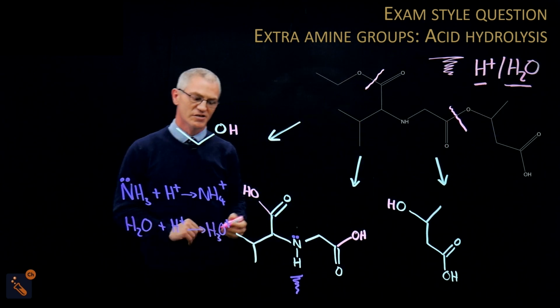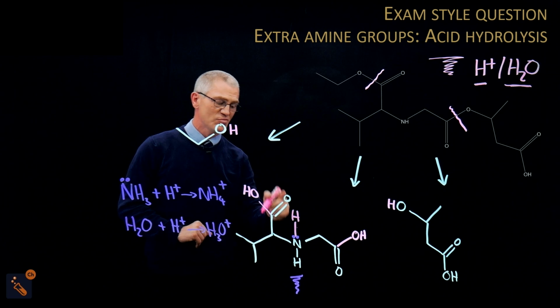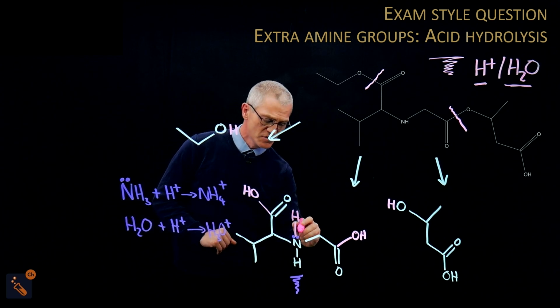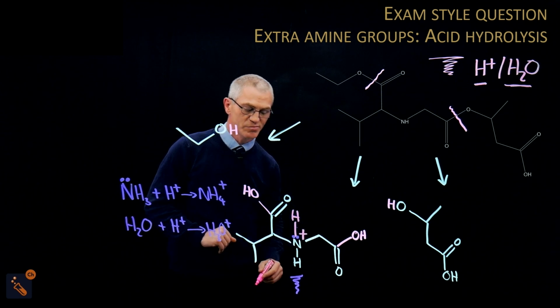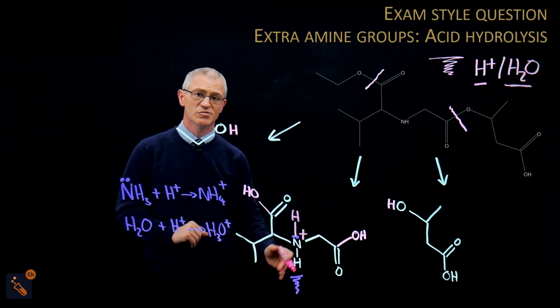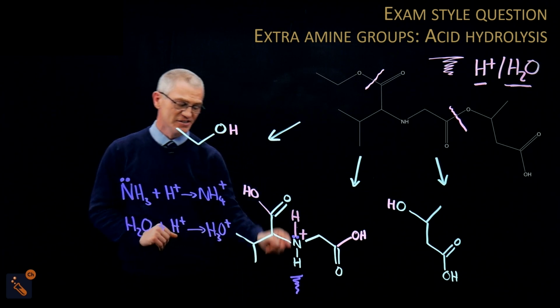Our H+ is going to react with the base. So there's your H, and that means there are two H's on that, which means there are too many bonds to the N, which means it ends up having a positive charge. You can shorten this if you want, just to NH2 with a plus on it. But that is your extra mark.